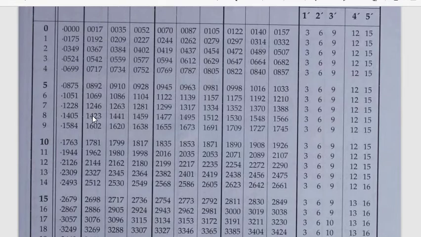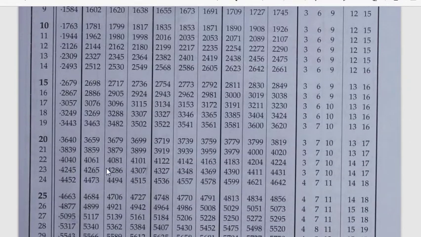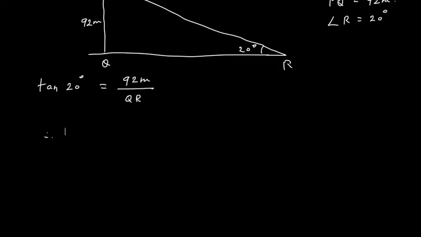But mostly you will get angles like 20 degree or 21 degree or 22 degree. So for that you have to see this first value, which is 0.364. So I will use this value. So here in our problem we will take the value as 0.364, equals 92 divided by QR.